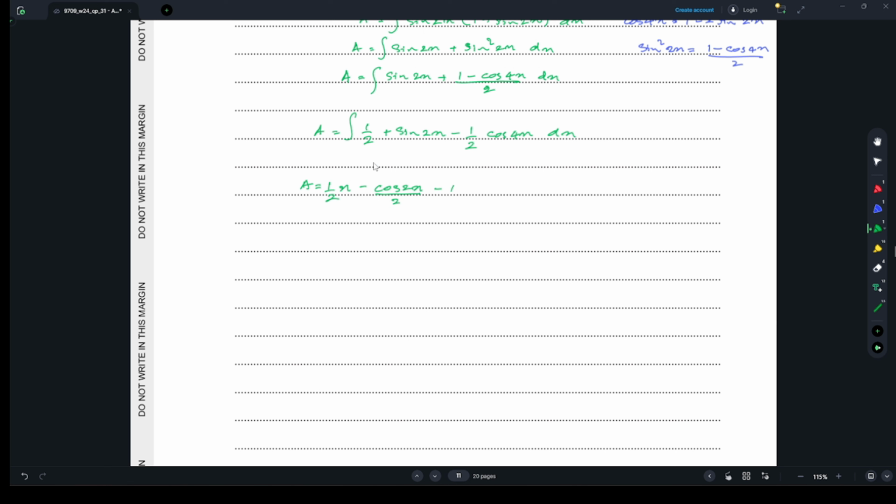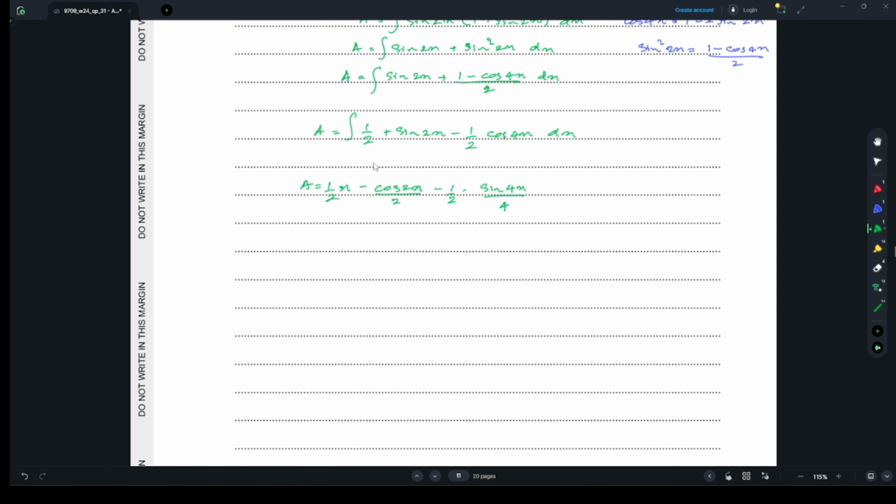And then minus half, the integration of cos is sine 4x, divided by 4. And also we have plus c.